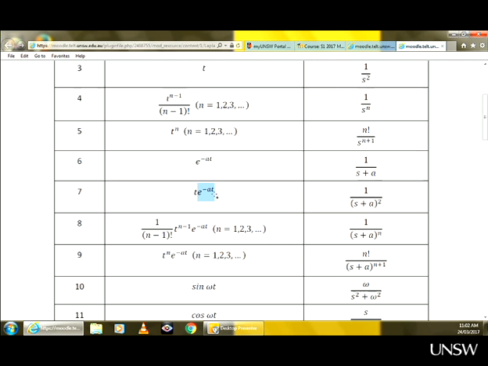In this case, what happens if a becomes less than 0? What? When a is smaller than 0. Oh, that's a different thing. That's something that is coming. That means that you have e to the plus at. That means that the amplitude is increasing. So the transient becomes unstable.